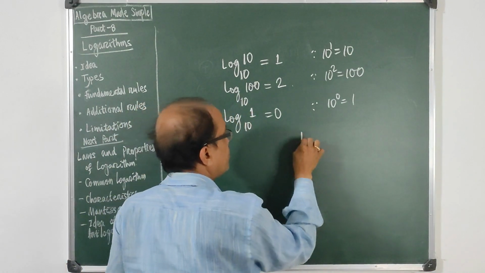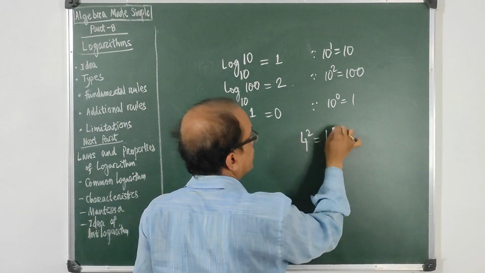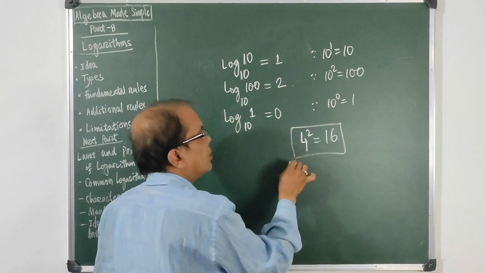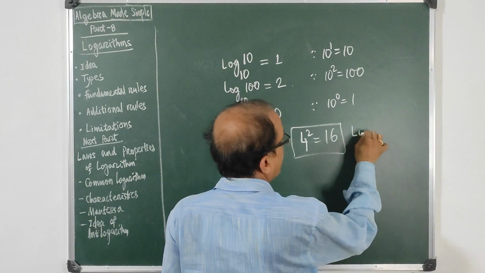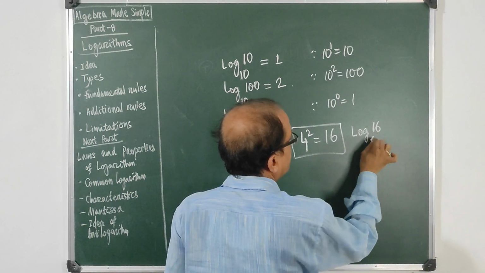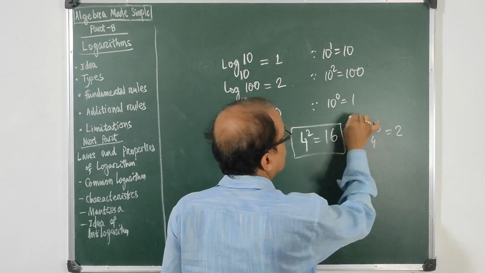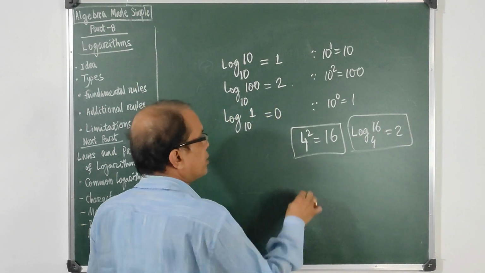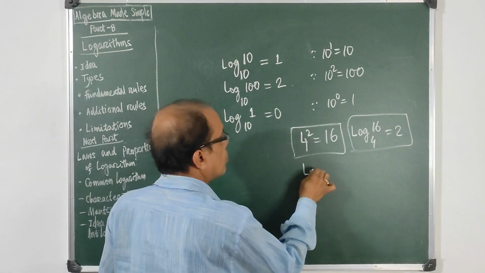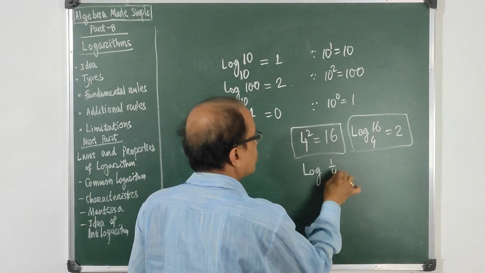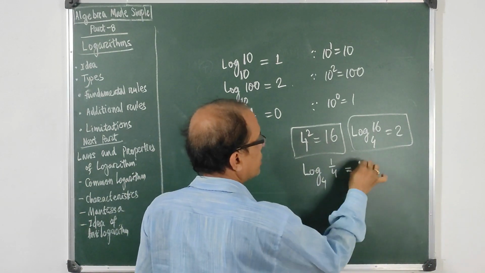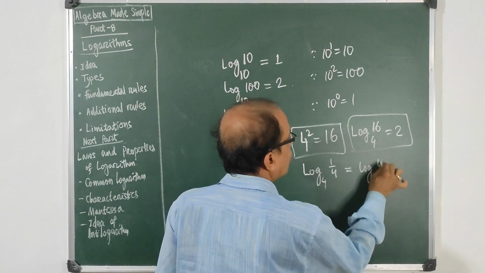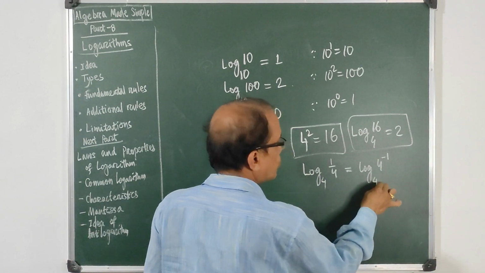So if 4 square is 16 is the language of indices, then logarithmic language will be log 16 to the base 4 is 2. Similarly, if log 1 by 4 is to be found, according to indices, this is log 4 to the power minus 1 to the base 4.